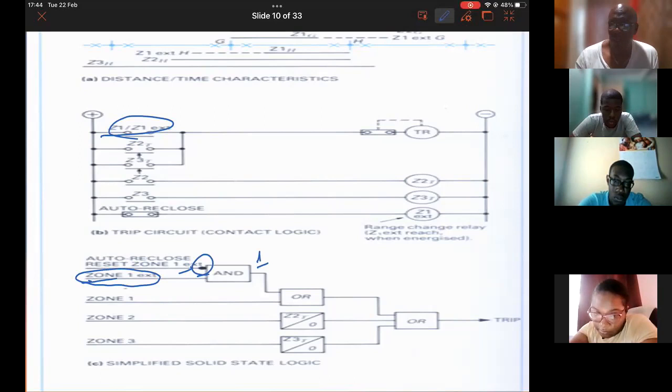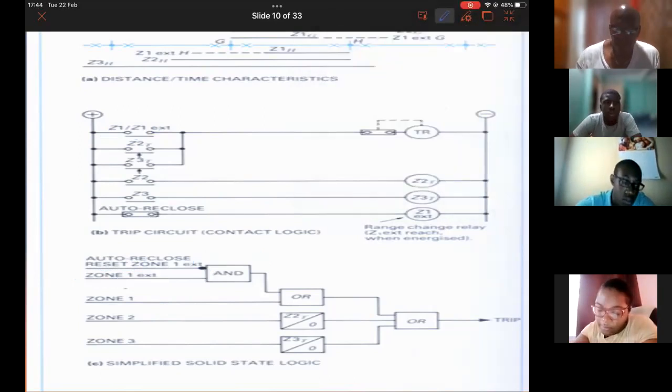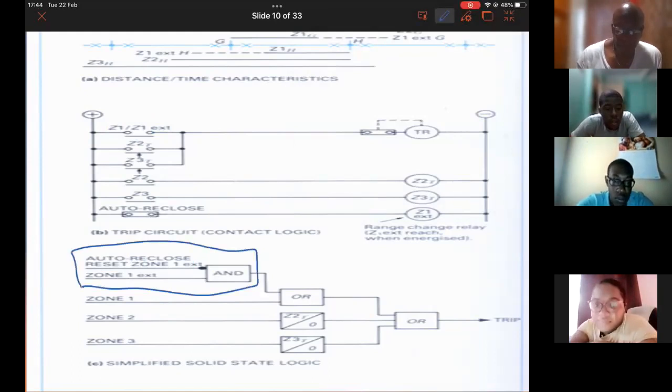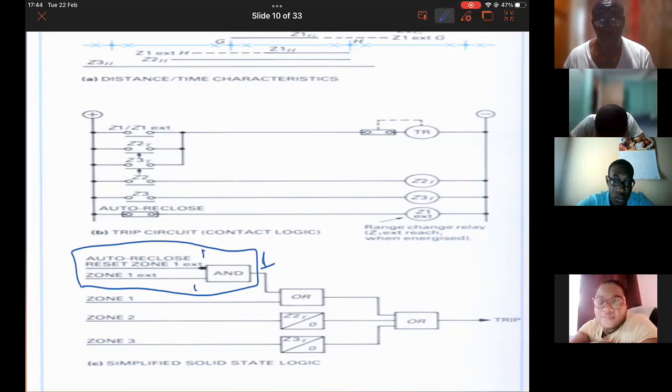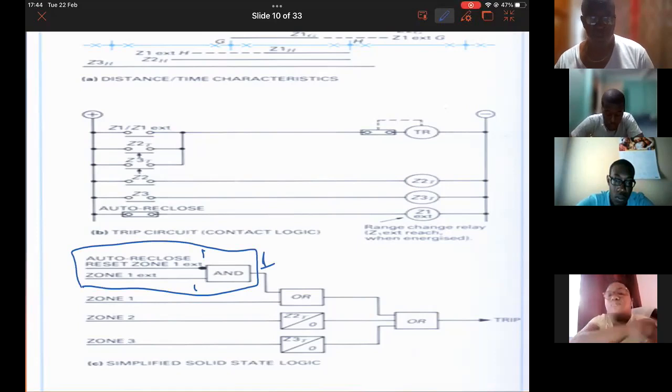Do I need to say that again? All right, so let's look down here. You'll get a 1 from the AND gate if you have 1 and 1. Remember we said that when you have the Zone 1 operation, Zone 1 extension, it operates the autoreclose.